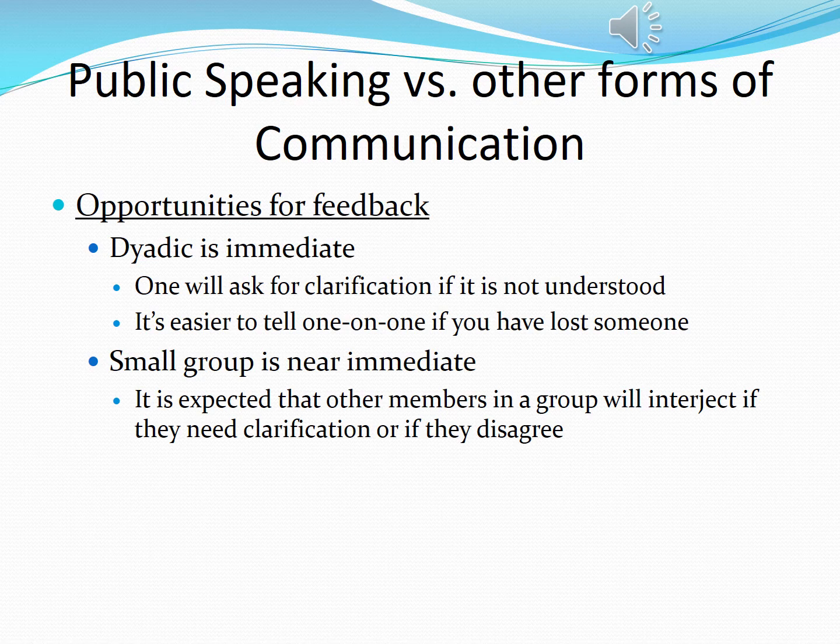Even if you're sitting around a round table like King Arthur, you're still going to be looking at the right side of the table instead of the left or something like that. And so you can't see everybody all at once, and you may miss a look or an expression or a hand raised or something like that. There's a little bit of lag in small group communication. This is why it's called near immediate feedback.